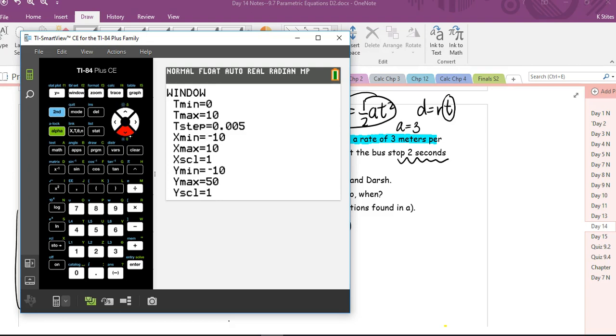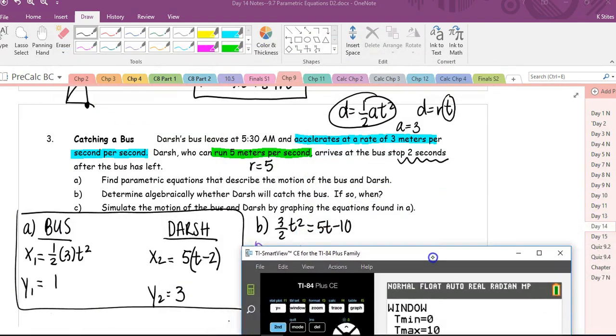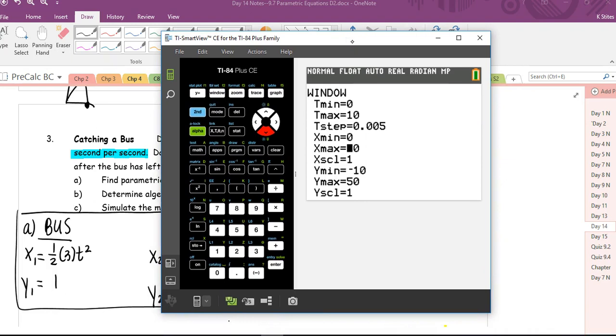X min, we're going to start at 0. X max, that's how far he actually traveled. Let's make that like, I don't know, 50. And the y min, we don't need to see that much because we went from 1 to 3, so I'm just going to do that.